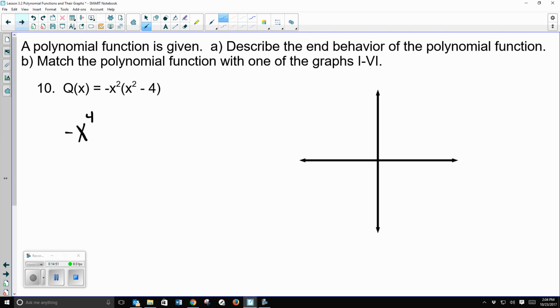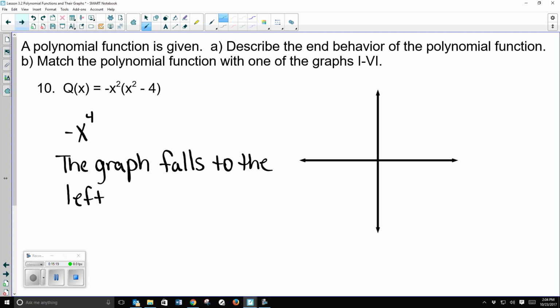Down. So the end behavior on both sides of the graph, it's falling to the left and to the right. So the graph falls to the left and to the right.